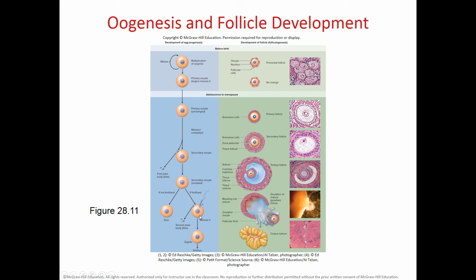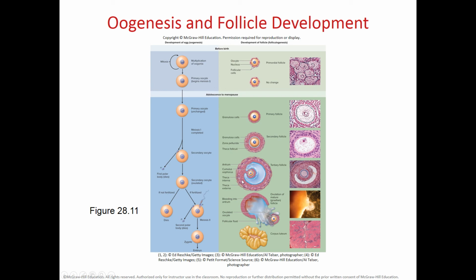And then these secondary oocytes will undergo changes under the influence of FSH and estrogens, in which the cells that surround the oocytes will secrete a fluid, which is called follicular fluid, and this will deposit this fluid into the antrum, or this space.